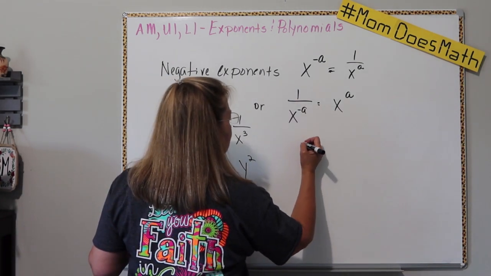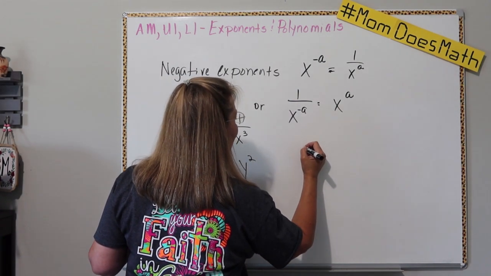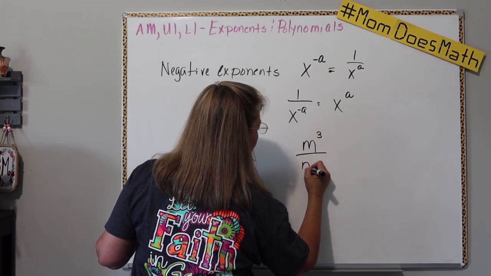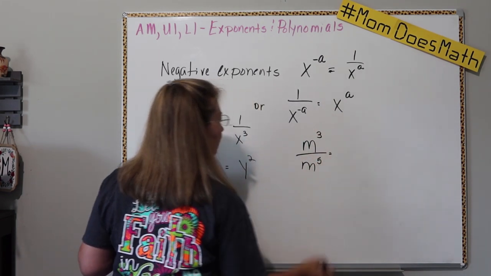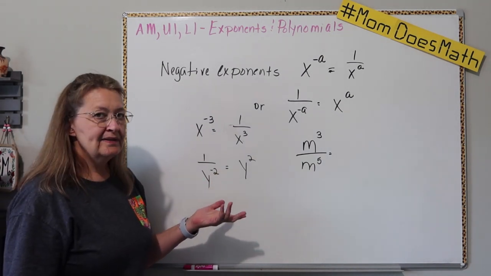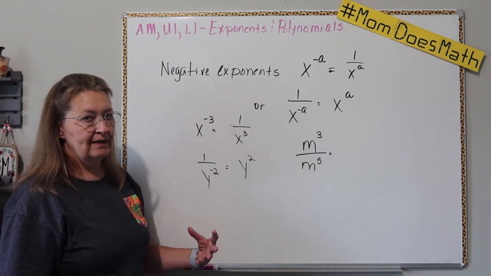Now, it gets interesting when, let's say I have m to the 3rd over m to the 5th. What should I subtract first? It doesn't matter as long as you're consistent.